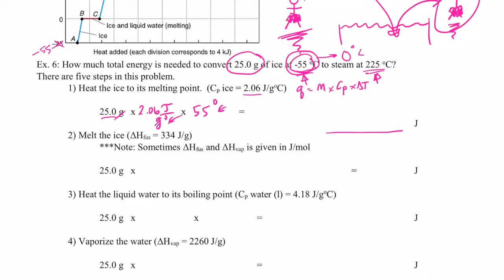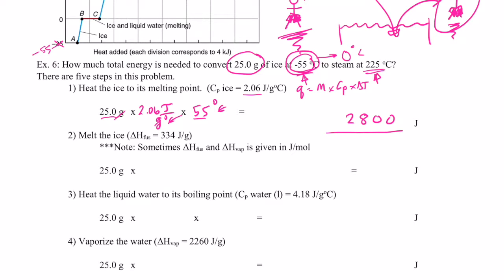I'm going to pull out my calculator, and you can work along with me. 25 times 2.06 times 55. Looks like I'm allowed only 2 sig figs here, 2,800 joules for that first step, going from negative 55 to its melting point, which for ice, water, is 0 degrees Celsius.